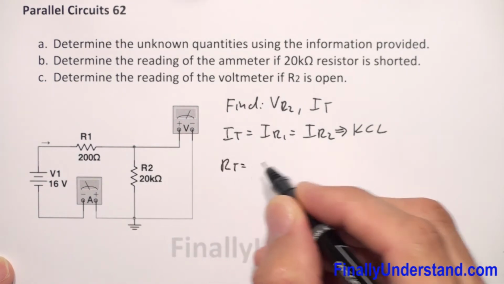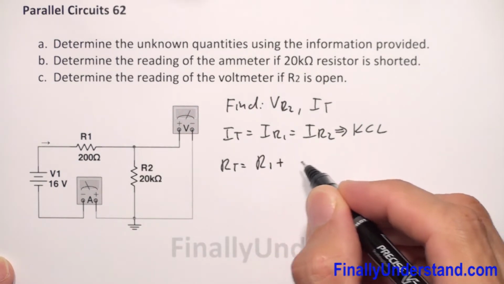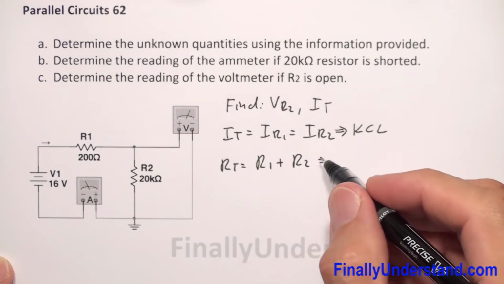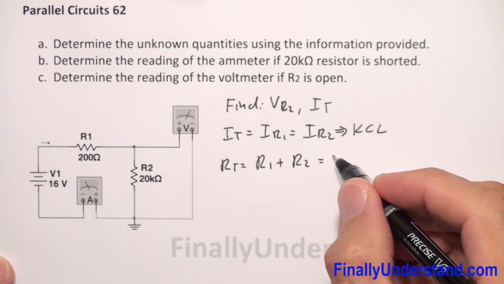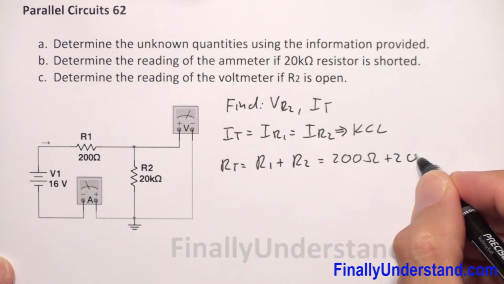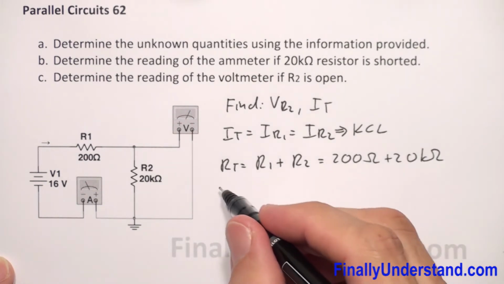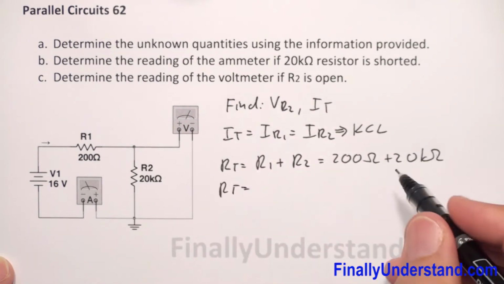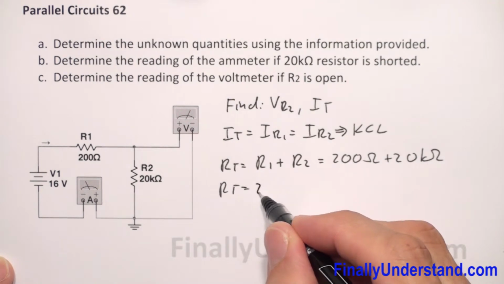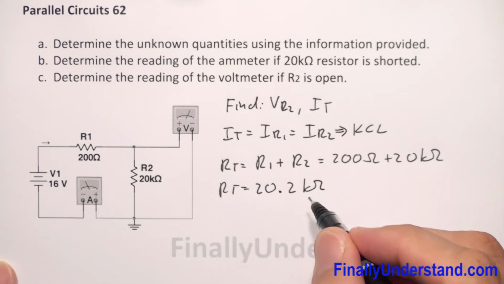R total: this is a series circuit, we simply add the resistances, so I have R1 plus R2. So I have 200 ohms plus 20 kilo ohms. Our R total is equal to 20.2 kilo ohms.